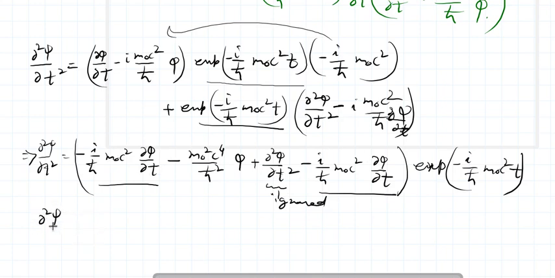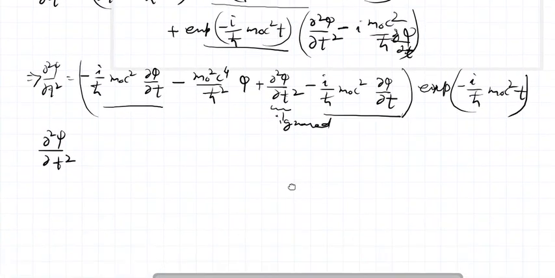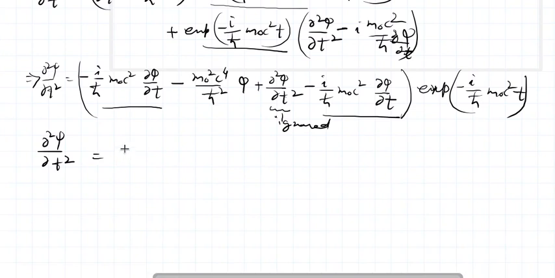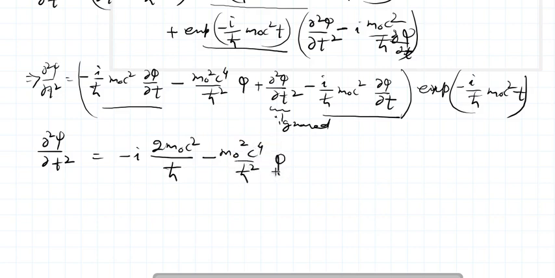So now ∂²ψ/∂t², this part can be written as minus iota 2m₀c² ħ, and this iota I will take outside later, and it is m₀²c⁴ over ħ² φ, and ∂φ/∂t will be here, and outside there is the exponential term minus iota over ħ m₀c² t.